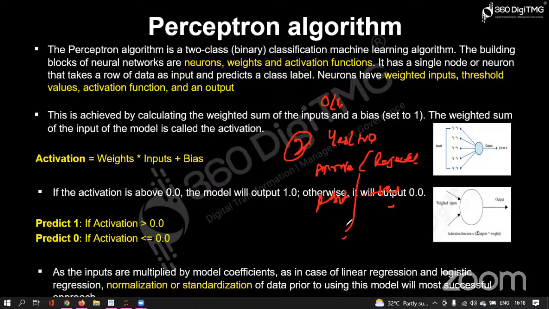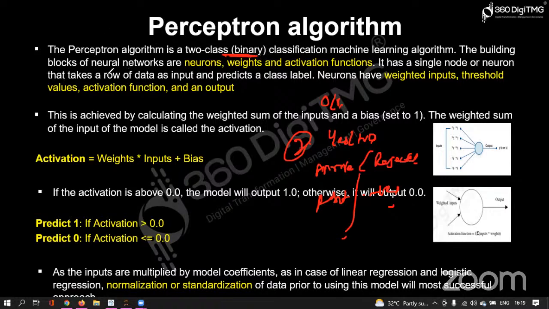Like that, we have just two cases. In that case, we call it a binary classification machine learning algorithm. So the perceptron algorithm is a two-class, binary classification learning algorithm.